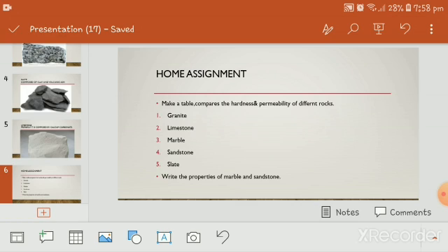Then limestone has numerous uses, as a building material, base of roads, and as a white pigment and filler. बहुत सारी जगहों पे फिलर के तौर पे भी लाइमस्टोन को यूज़ किया जाता है.